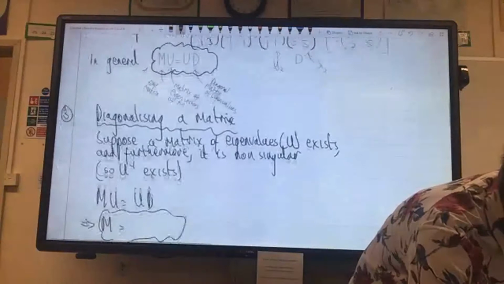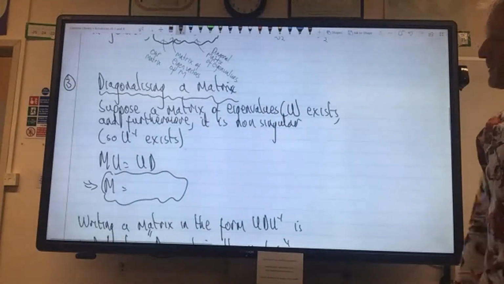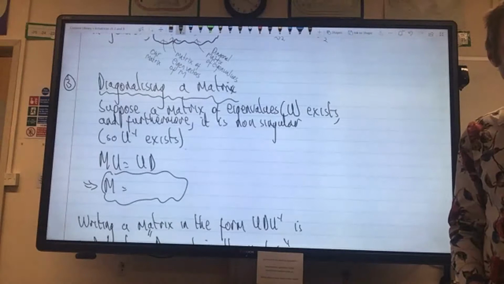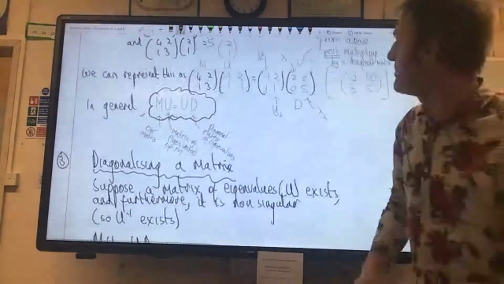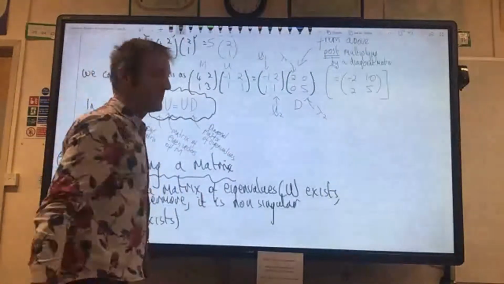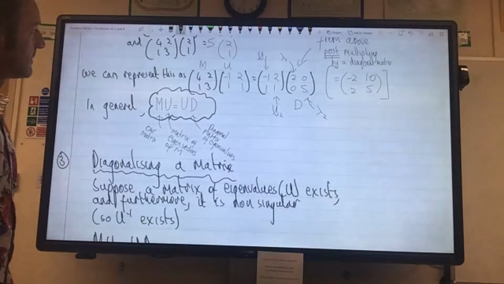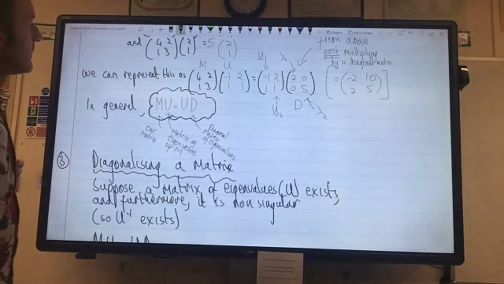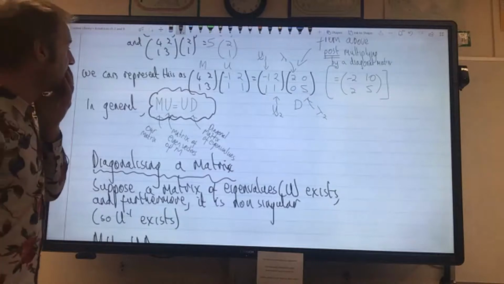Sorry, I was just wondering if you could present it in a pre-multiplying matrix form. So you mean, could I put the diagonal matrix in front of the eigenvector matrix?